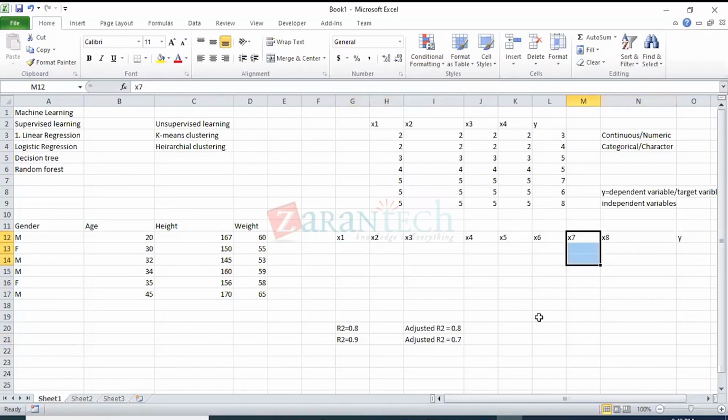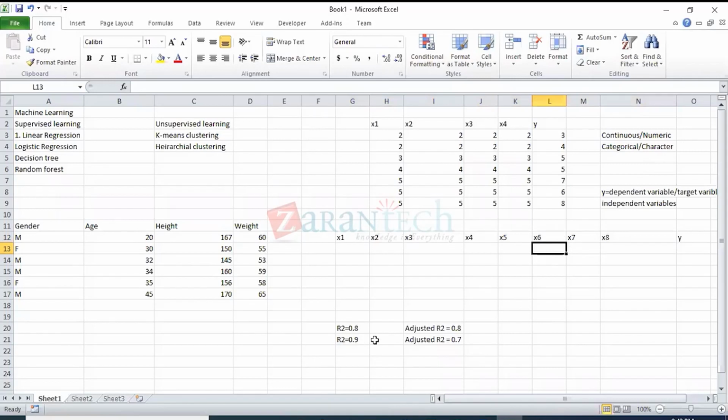And if you see this, both R square and adjusted R square are almost the same. That means all the variables are adding some value to my model, and I want all these variables to be included in the model. So should we get rid of those two junk variables? Yes, we have to get rid of them. Just remember the theory now, because when I implement this in R, you will be able to relate to it.